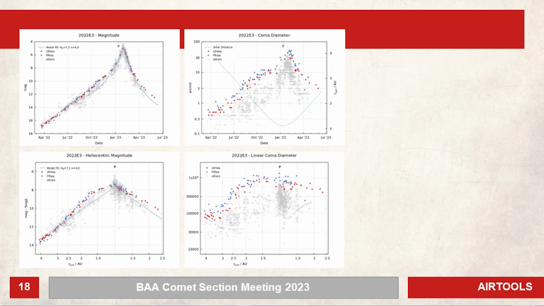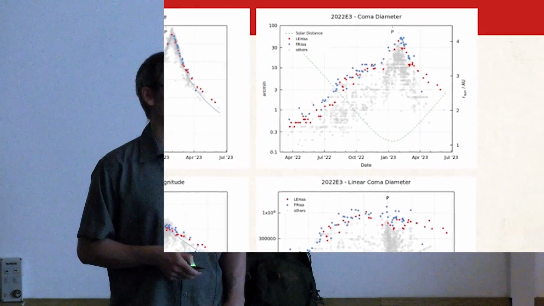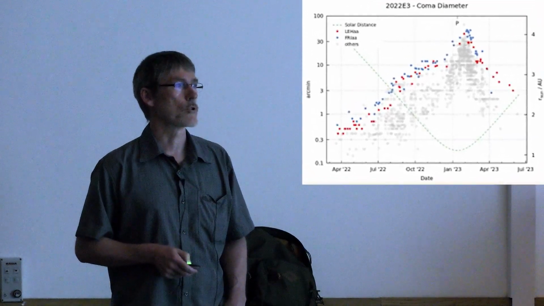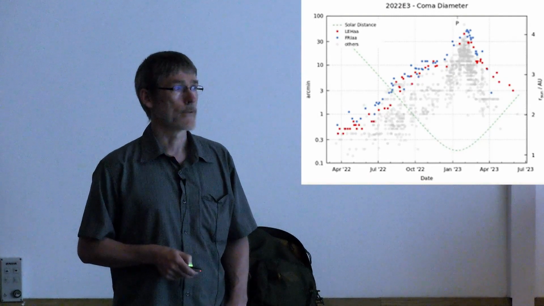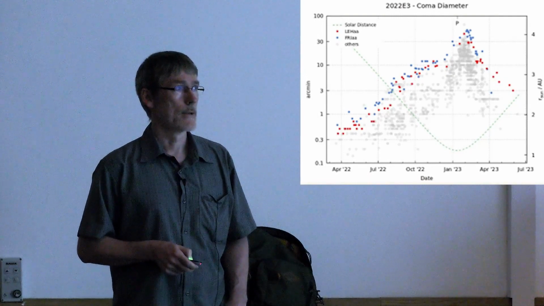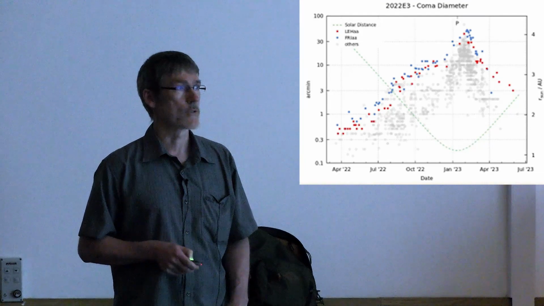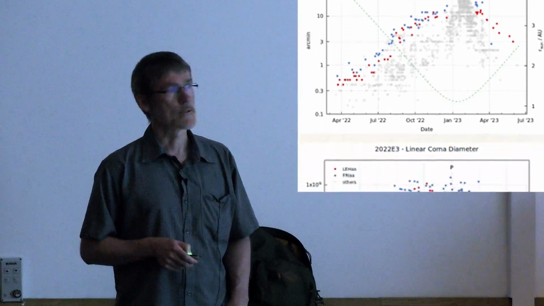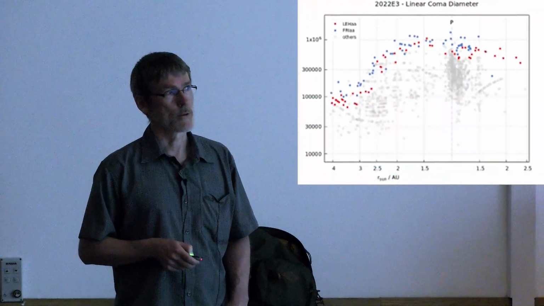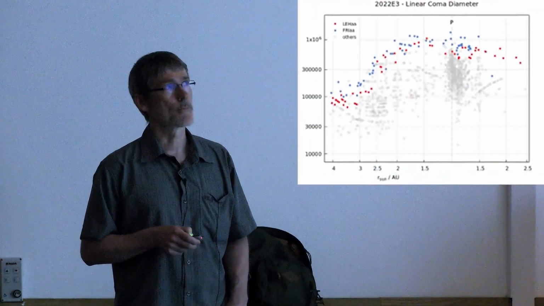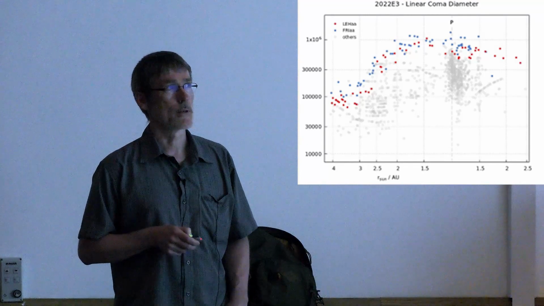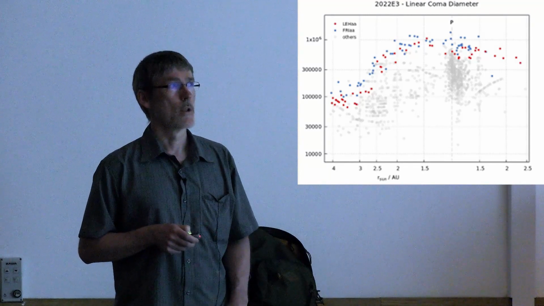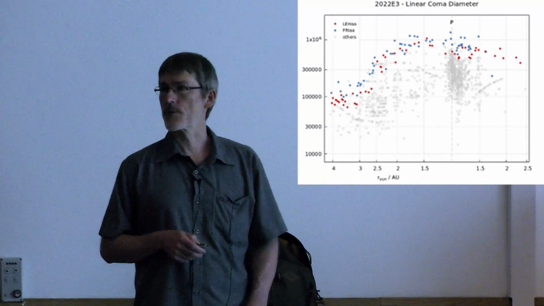On top the observed size of the coma, and on the bottom the physical size of the coma. You see also this comet at around 3 AU started to increase the coma size quite a lot. And you also see that the coma sizes derived with the AIRTOOLS software are pretty large compared to other data.